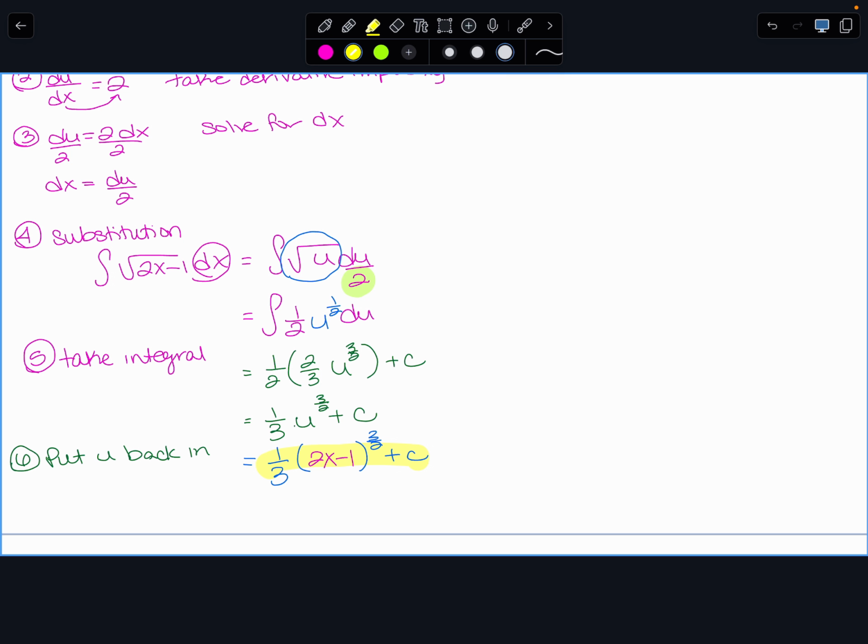Du turns into plus c? It's like dx. Yes, Jack. Because dx and du represent the change in that variable.